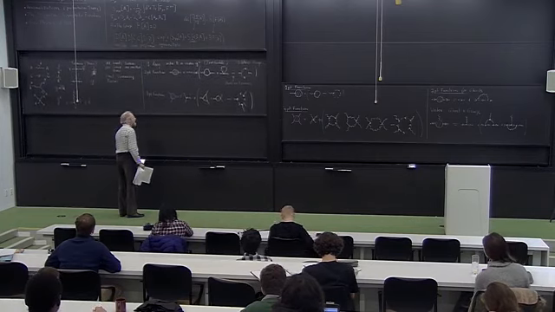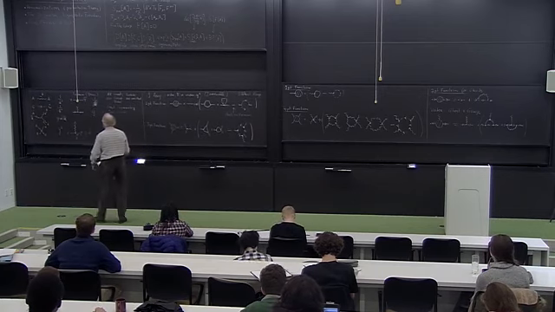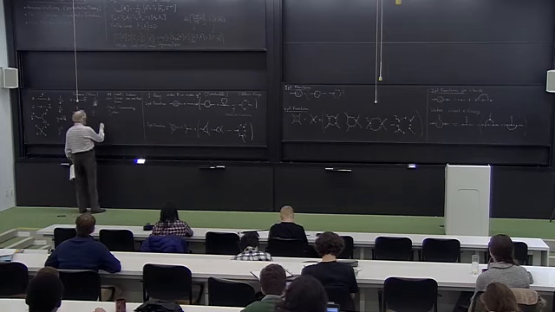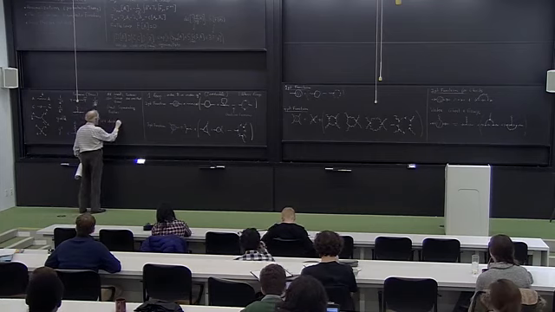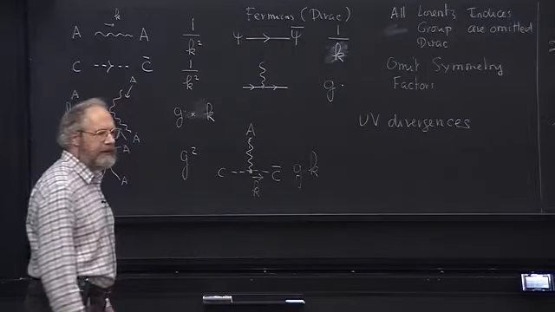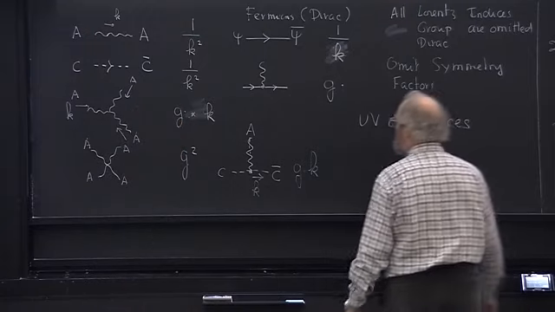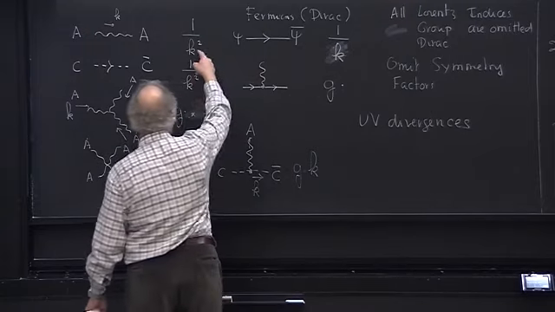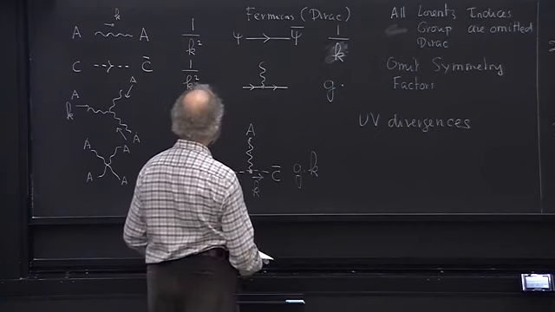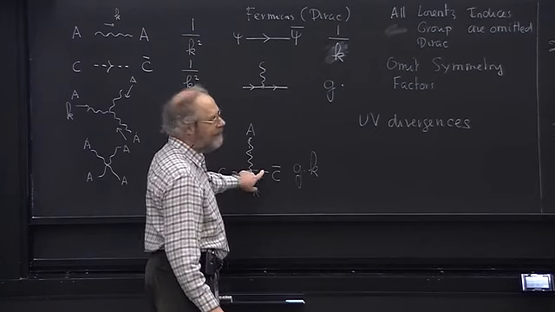Okay. And now, well, let me just keep this. We must analyze the ultraviolet divergences. And there are lots of possible ultraviolet divergences, because the propagators behave like 1 over k squared. But remember, for instance, that this vertex contains a k term.